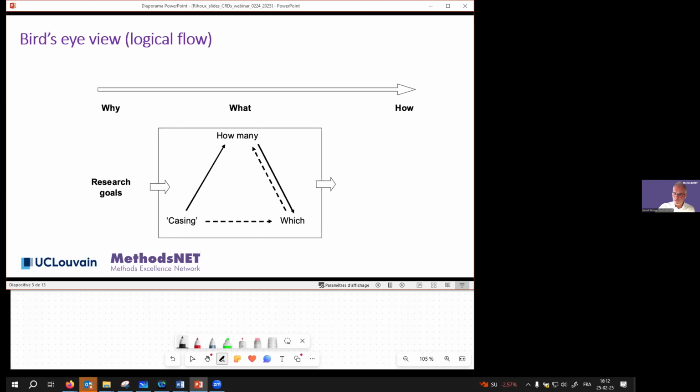Okay, here is a bird's eye view, a very simplified view, of a research process that entails a comparative project, empirical comparison across multiple cases potentially. The first step is why compare? Why should you go comparative?